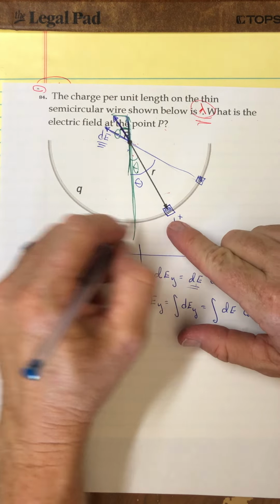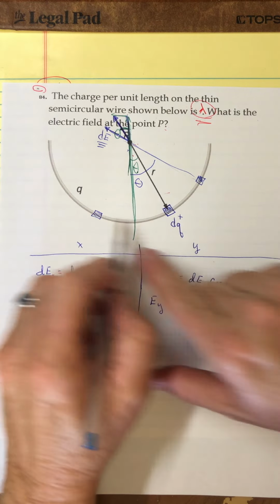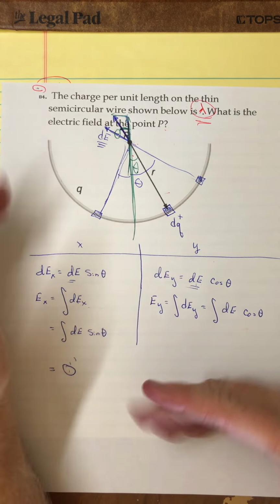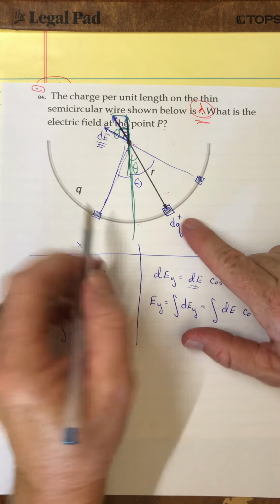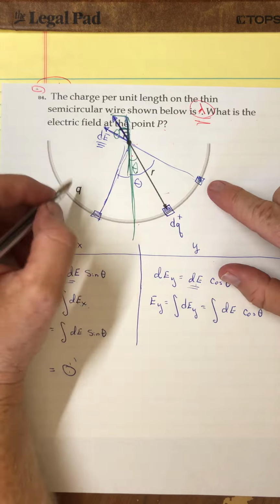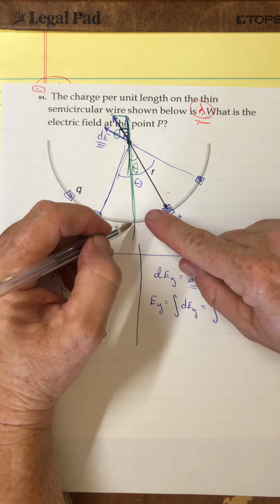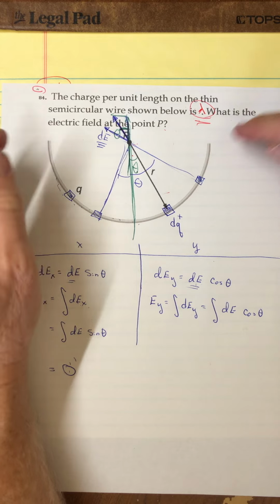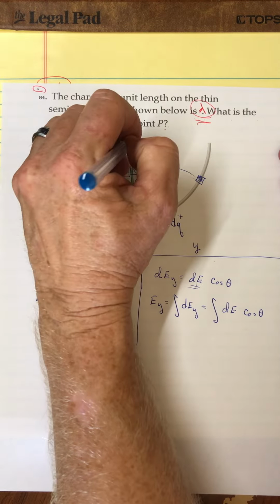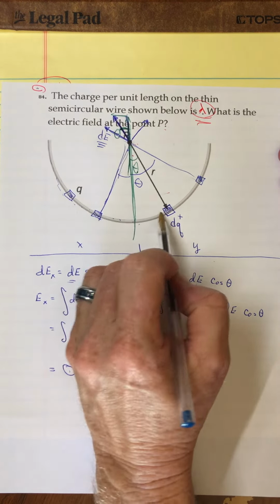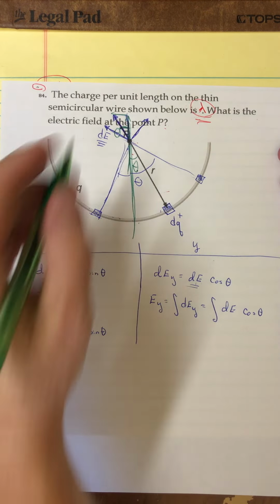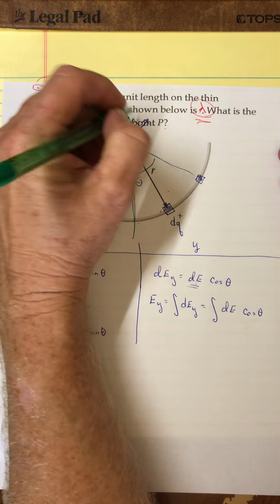And then I'm going to look at a little chunk of charge that is just like this chunk of charge, but it is exactly the other direction from straight down. And I will call that the symmetric twin. But I do want to point out that every point on this semicircle has a symmetric twin. And if you look at the electric field from its symmetric twin, and so you compare this one to this one, you will see that the electric field has a vertical component, just like this one.